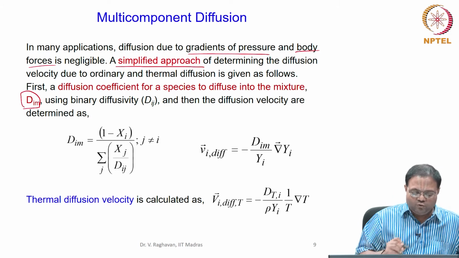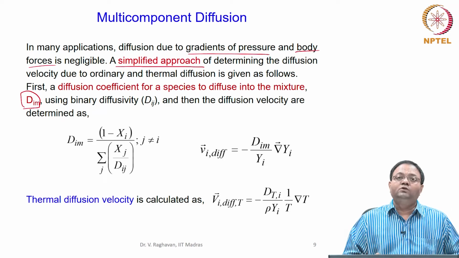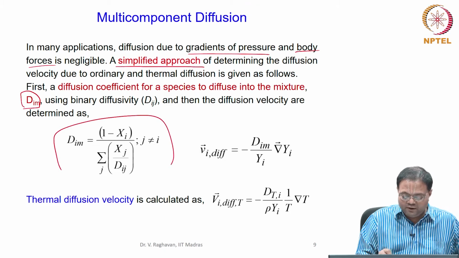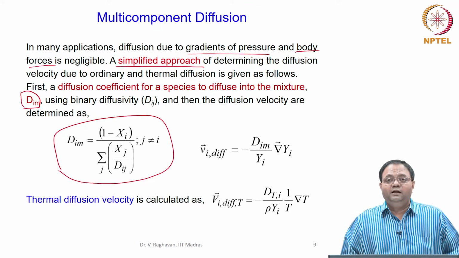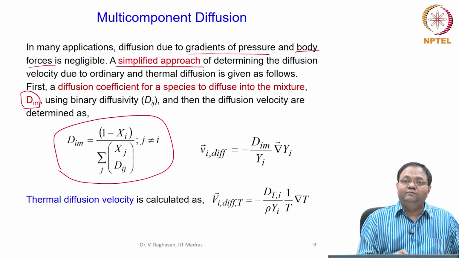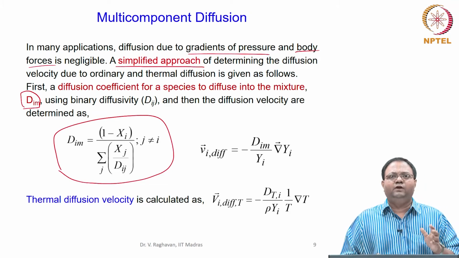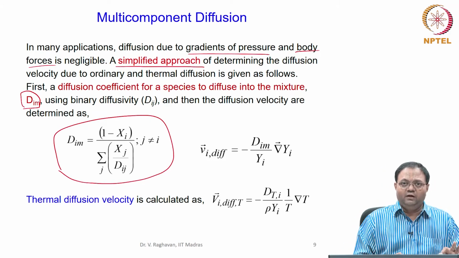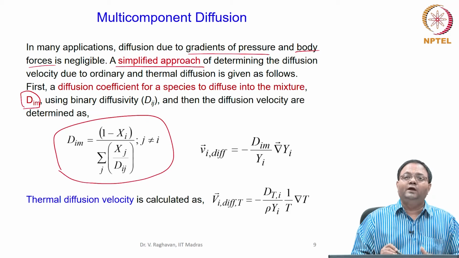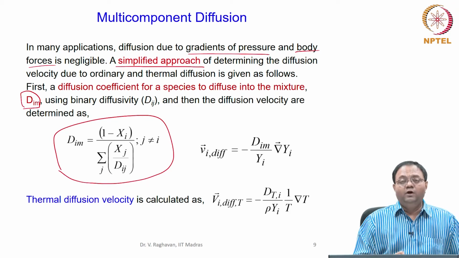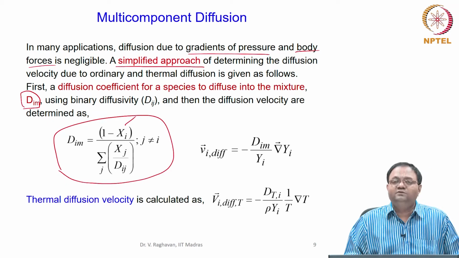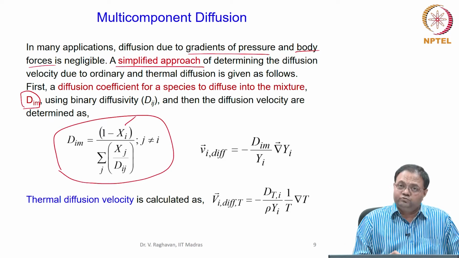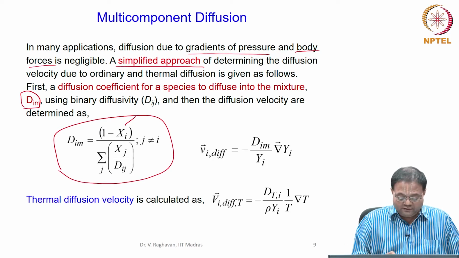This binary diffusion coefficient is now defined as DIM, how the species I is going to diffuse into the mixture. That is calculated by a simple algebraic relationship given here. DIM is the rate at which I diffuses into the mixture, not individually I going into J. DIM is calculated using this relationship: 1 minus xi, the mole fraction of I, divided by the sum of the ratios of xj by DIJ.